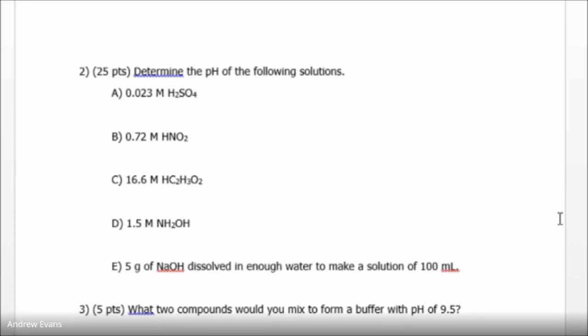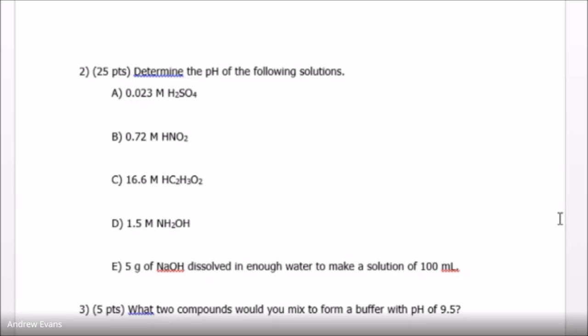Then we have 16.6 molar of acetic acid. Acetic acid's Ka is 1.8 times 10 to the negative fifth. This one is super concentrated. If you haven't noticed, 16.6 molar. This is called glacial acetic acid.